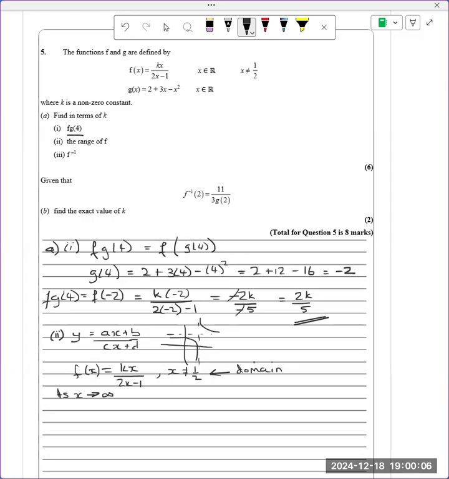What would happen is that f of x tends towards, now kx, obviously, if x is very large, kx is a very important term. But on the denominator, 2x minus 1, the minus 1 is not important, because if x is a million, 2 million minus 1 is pretty much the same as 2 million.